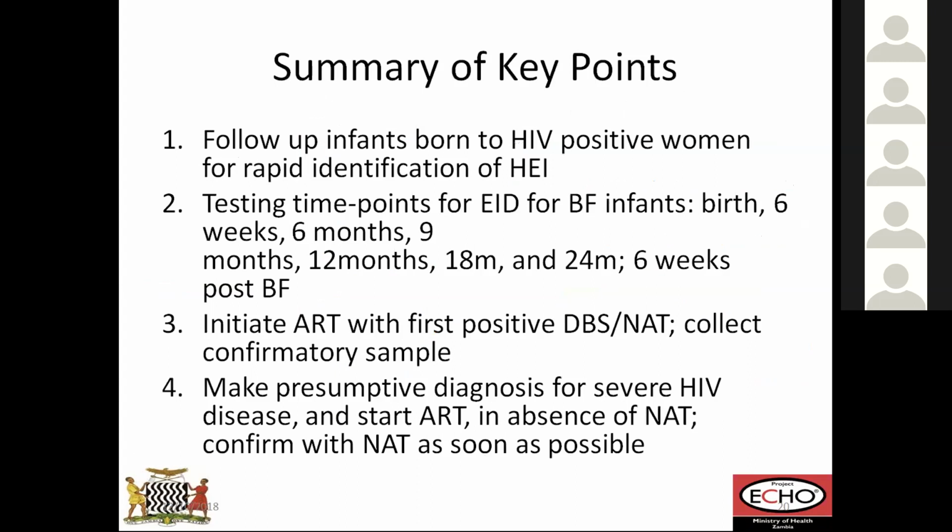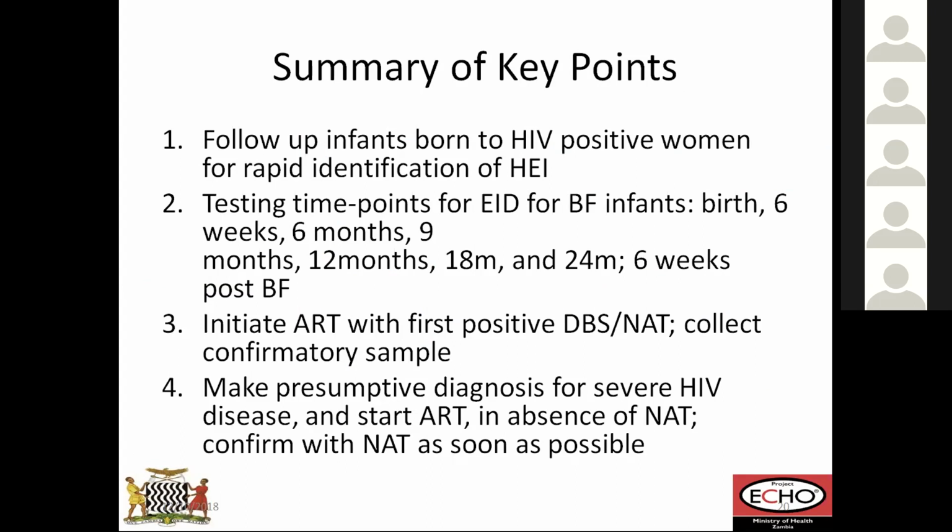So that was early infant diagnosis. In summary, the key points we should remember: we need to follow up all infants born to HIV positive women, for us to be able to rapidly identify the HIV exposed infants and confirm HIV infection status.